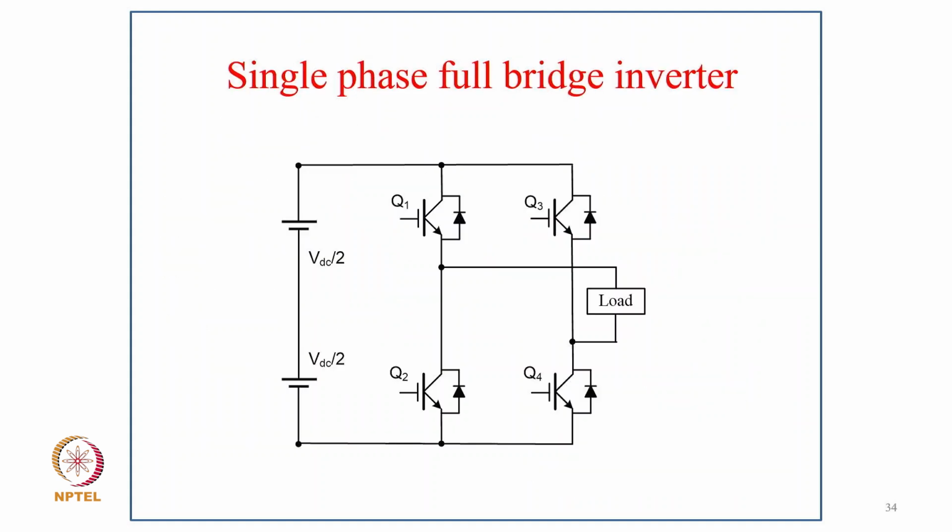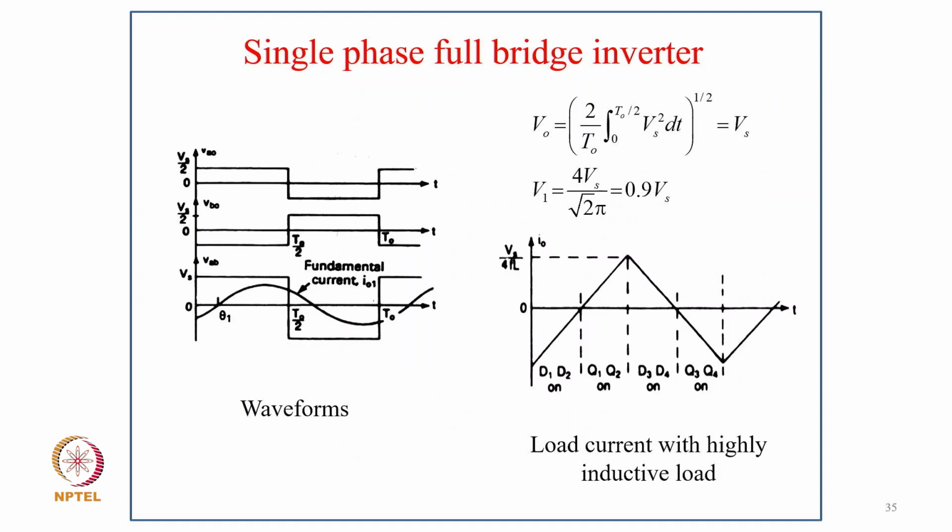So coming to the single phase full bridge inverter. In the single phase bridge inverter also we get the square wave, and the current can again be a fundamental of this. In case of resistive load it will be the same waveform, with an RL load it will be a lagging load, but with a pure inductive load you will get a triangular wave here also.